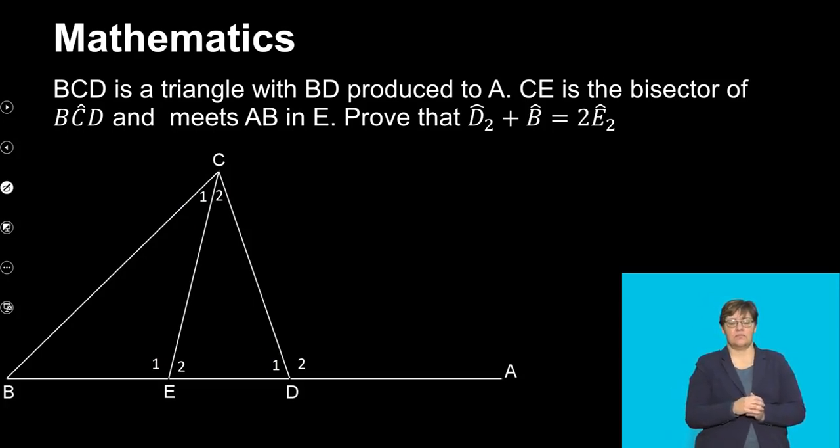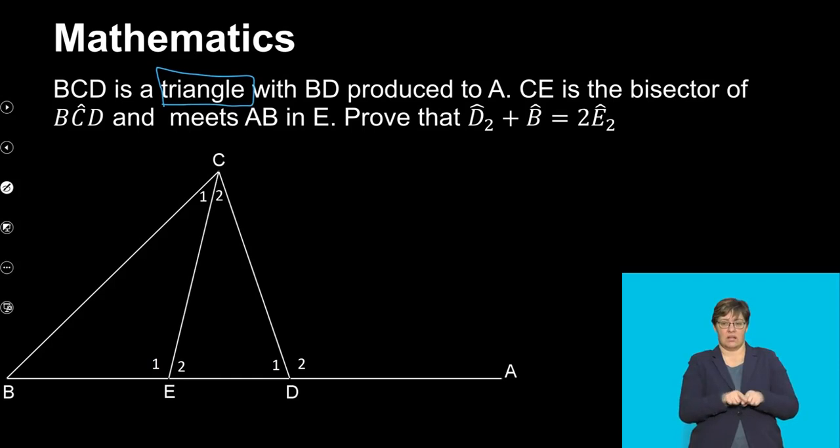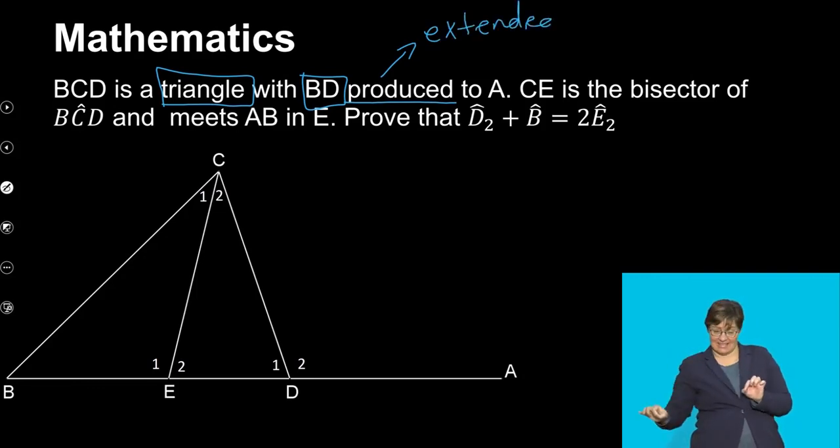They say BCD is a triangle, all right? So now I know this is a triangle that I'm going to focus on, with BD produced, the most important thing that you can ever find in mathematics, especially in geometry. This simply means extended, right? So the line is extended.